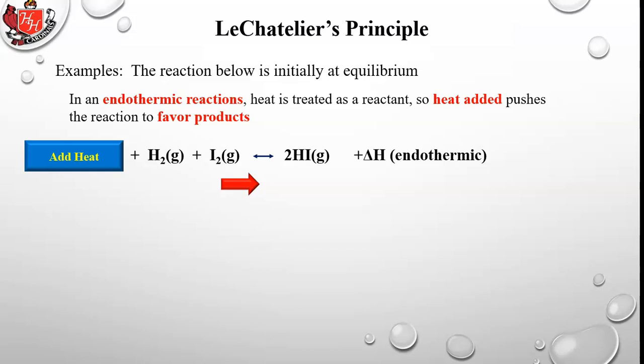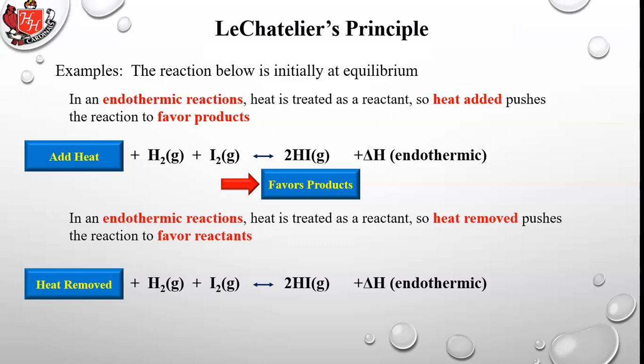So again, endothermic reactions naturally take in heat. If you give them heat, if you feed them the heat, then they are going to move from left to right. So that's true of any endothermic reaction. So that's going to favor products. In endothermic reaction, heat is treated as a reactant. So heat removed pushes the reaction to favor reactants.